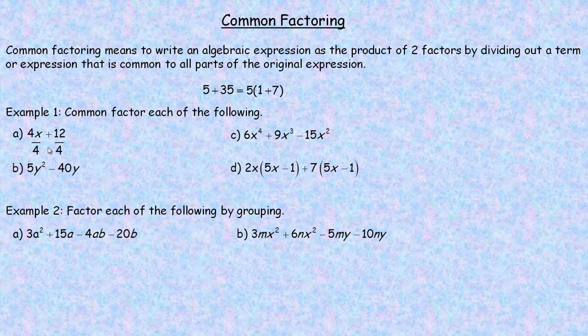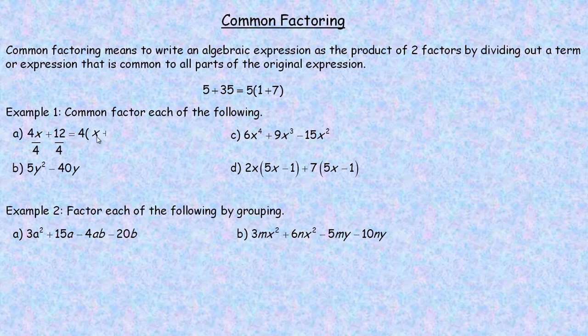So what we're actually going to do is we don't normally write this step, but I'm going to do it a few times here just for explanatory purposes. And so the common factor is this 4 that we're dividing out, or we normally say factoring out. And so if we divide 4x by 4, then that's what's going to go at the beginning of this bracket.